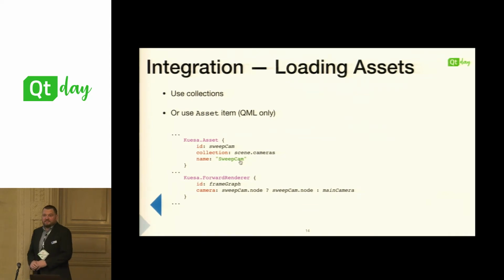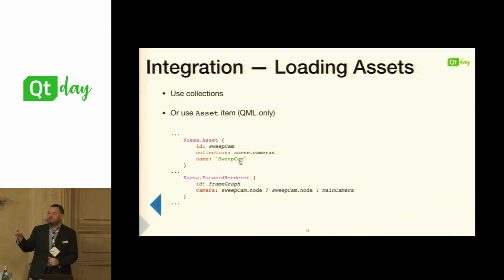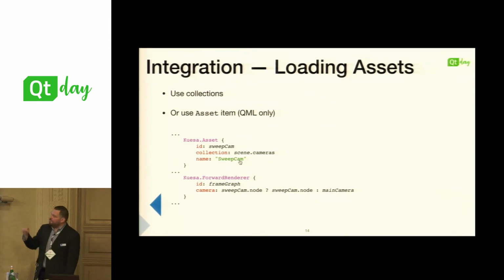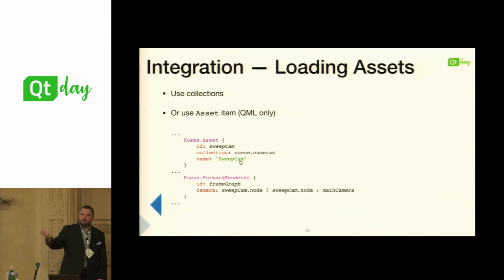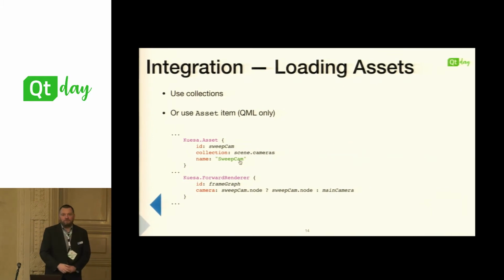The Asset has a property called node, which points to the loaded asset with that name, okay? So if you load a file that has a camera called sweepCam, then the node property of the Asset will point to that camera. Otherwise, it will be nil or undefined, okay? So you automatically have a nice way of using bindings to load up what gets displayed.